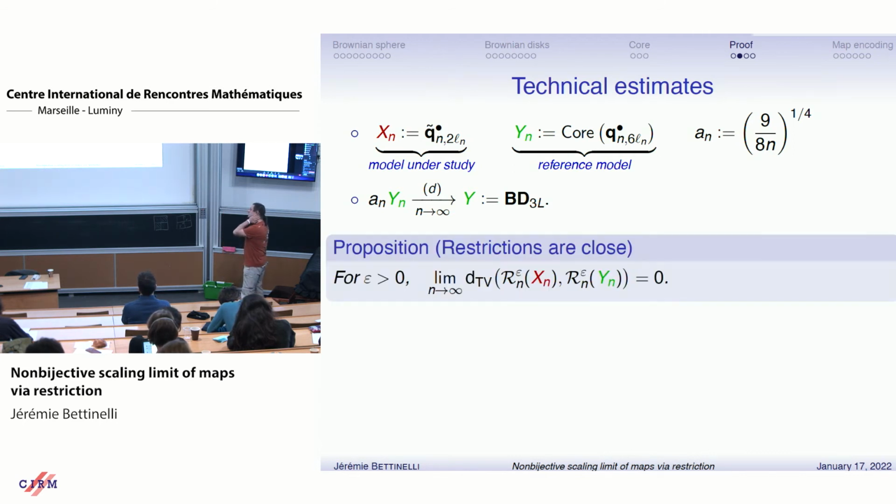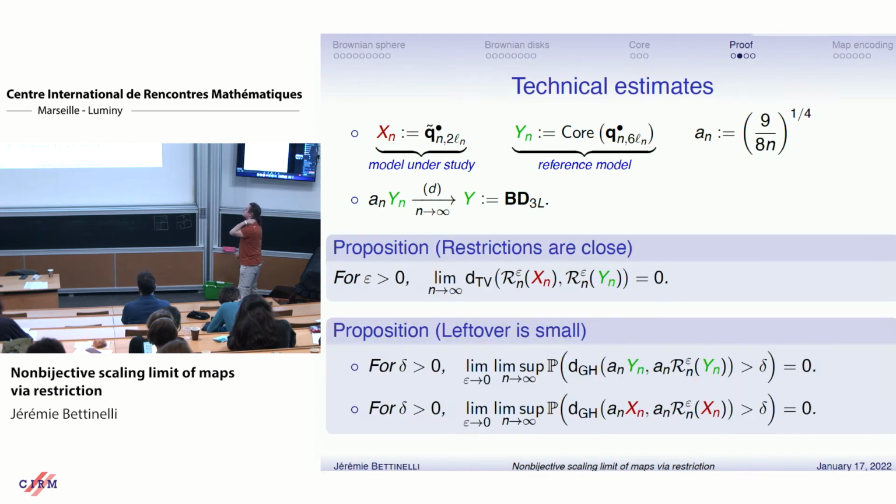So I'm saying that provided that I have these two technical estimates, then I will have the result. The technical estimates are the following. First of all, if I take the restriction of my two models, they are close, in the sense that the total variation distance between these two tends to 0.